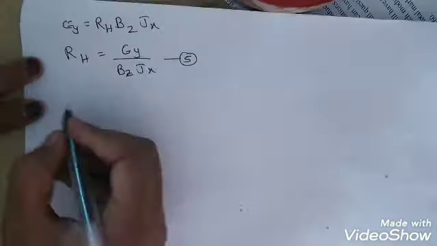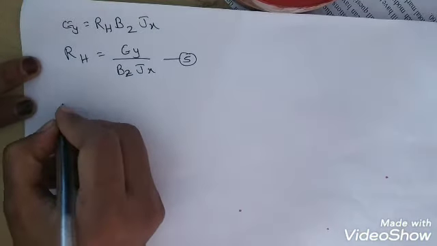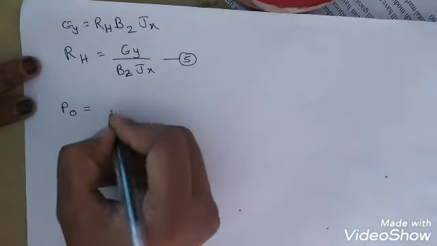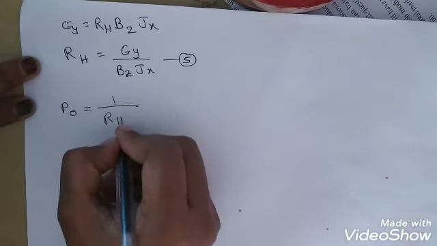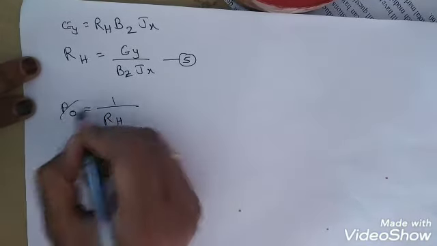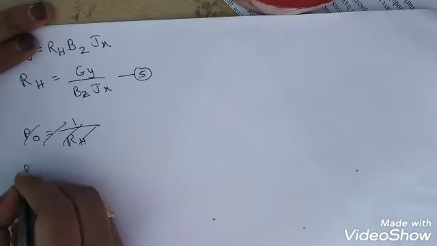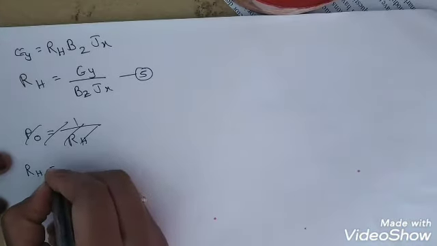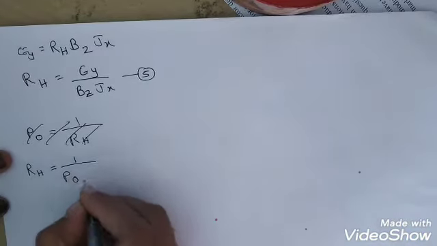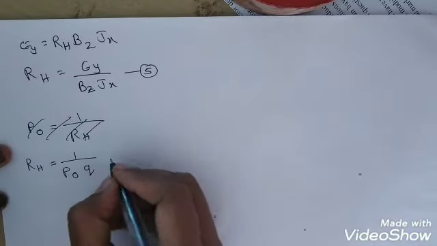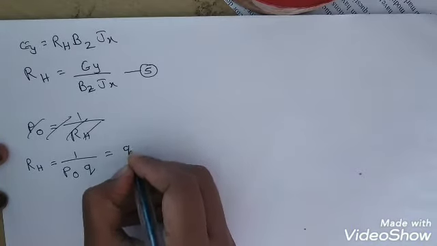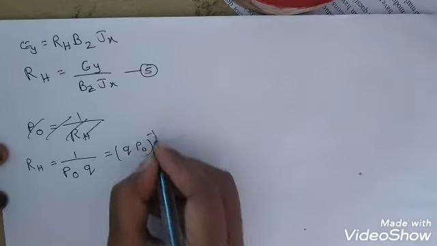Then what is equation number 6? Equation number 6 is RH is equal to 1 by P0 into Q, which is again Q P0 to the power inverse.